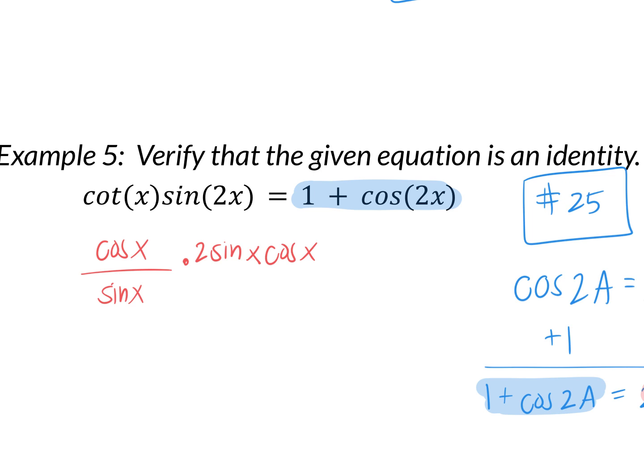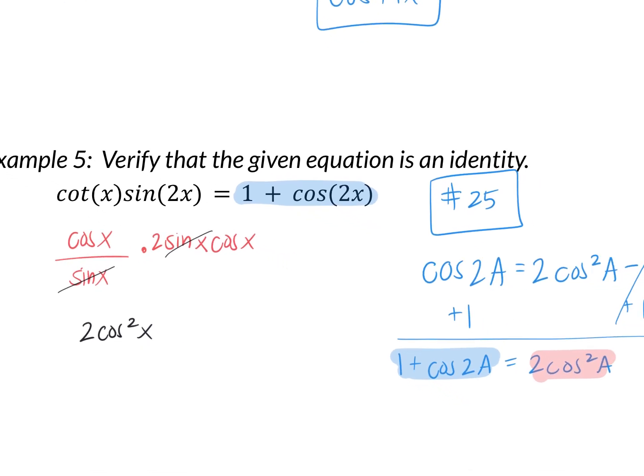And the nice thing is here, what's going to cancel? Sine of x, sine of x. So now I'm left with 2 cosine squared of x, which is equal to this 1 plus cosine of 2a from that double angle identity.